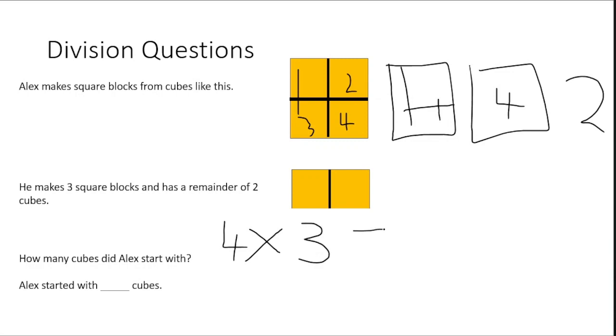If we know our 4 times tables or 3 times tables, we can count it: 4, 8, 12, or 3, 6, 9, 12. Either way around, it works the exact same. So there are 12 cubes in those 3 squares, but then there's also a remainder of 2, so we just add that on to the end. 12 plus 2 gives us 14. So Alex started with 14 cubes.